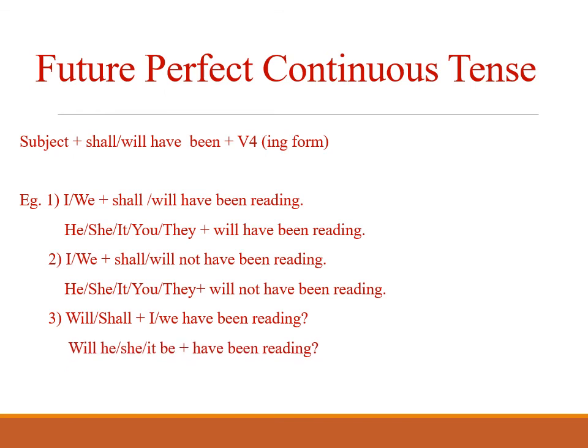So now children, let me remind you here, future perfect continuous tense is now not used recently. According to research, there cannot be a tense which is in the future, which we never saw, and it will be perfect as well as continuous. So this tense right now is not applicable.